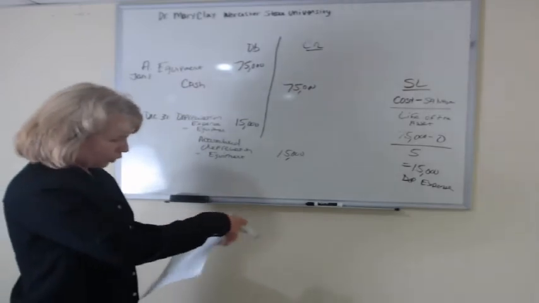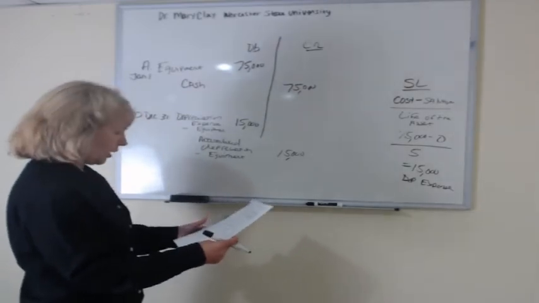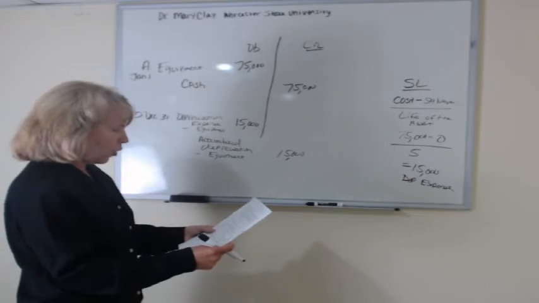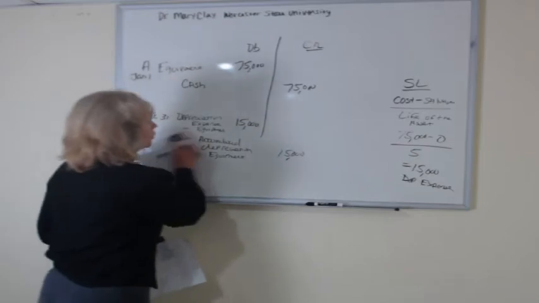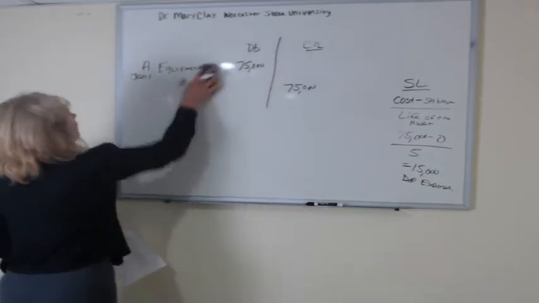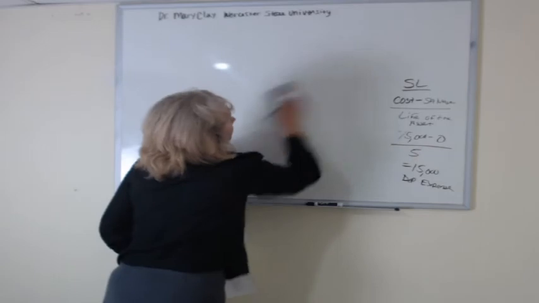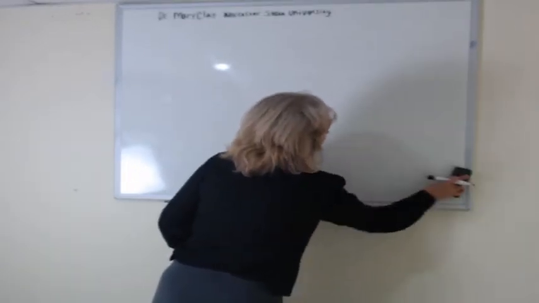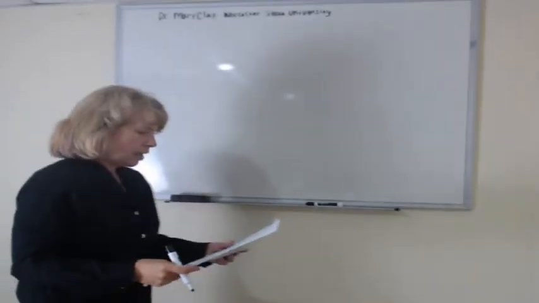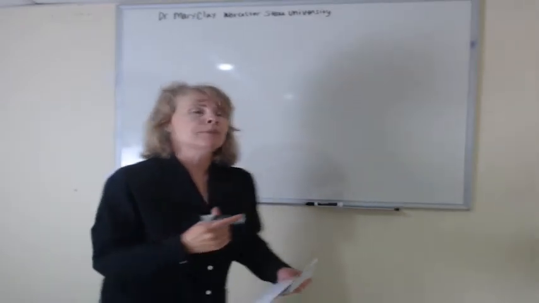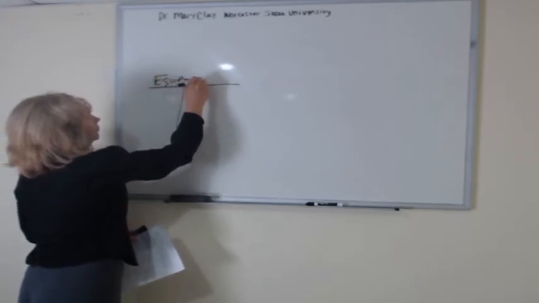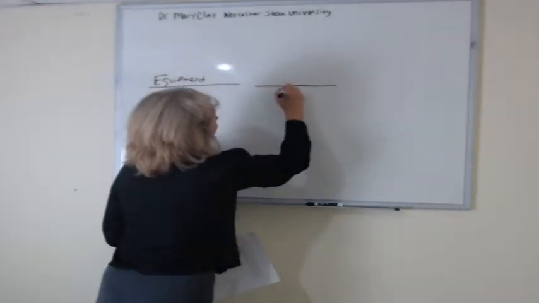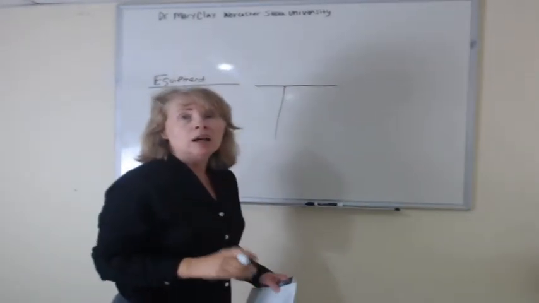So now we're going to post our entries. Post the accounts and show their balances as of December 31st. I'm going to erase. This is a long one. Let me erase this too because I might need over here. All right, I'm going to post. So I have to set up the T accounts. Here's the T account. I have equipment. I have accumulated depreciation equipment.